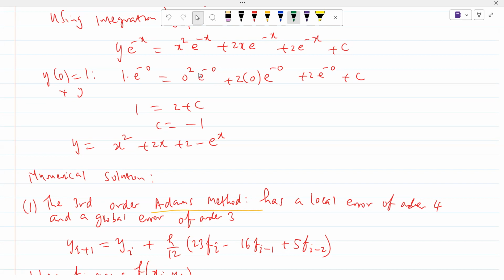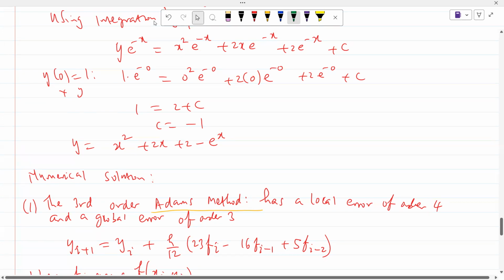I'm hoping ESCOM is not going to let us down. Monday, 8 p.m. We're going to do more numerical methods. And I'm looking at how we shall master the course. I'm sure that at the end we shall be very perfect when it comes to solving problems involving numerical methods and the rest of the methods.